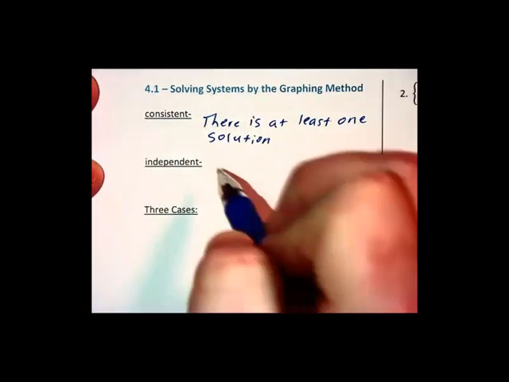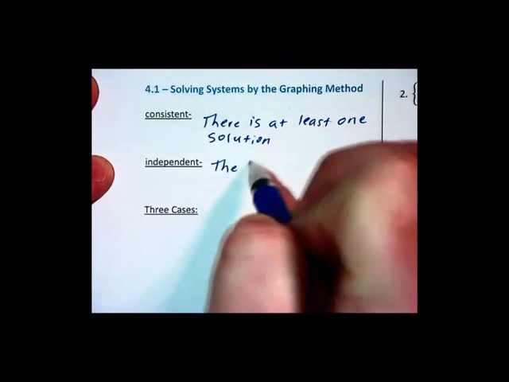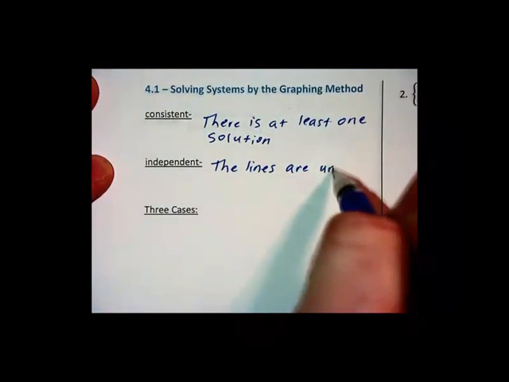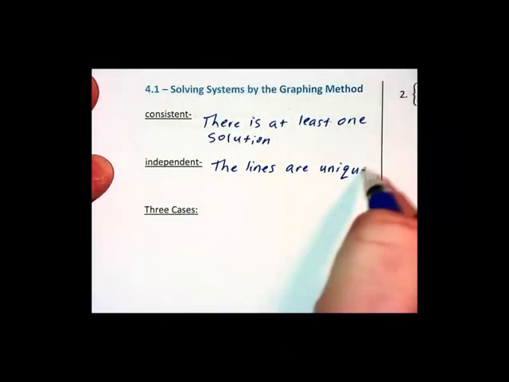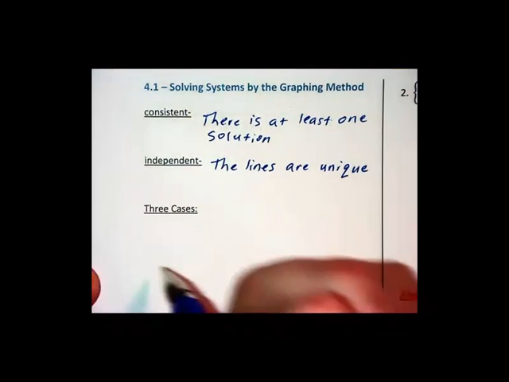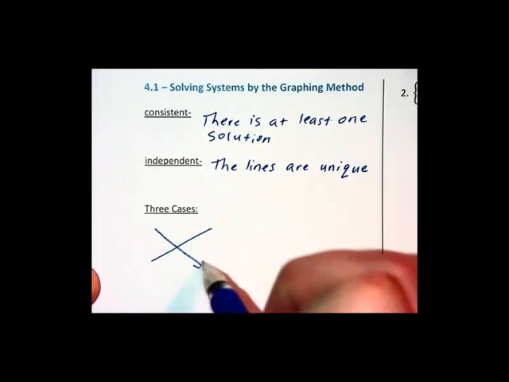Independent systems are systems in which the lines that you're graphing with are unique or different from each other. Now let me draw three different pictures for you. In the first picture, we're going to have two lines that cross at one nice neat point.